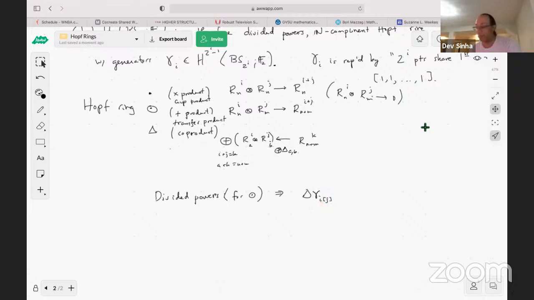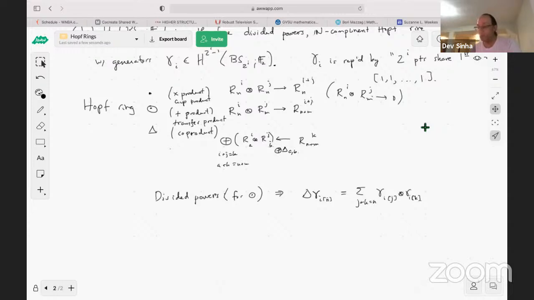The coproduct of gamma_n of I is going to be the sum over j plus k equals n of gamma_j of I tensor gamma_k of I. So these divided powers and the coproducts map to each other.